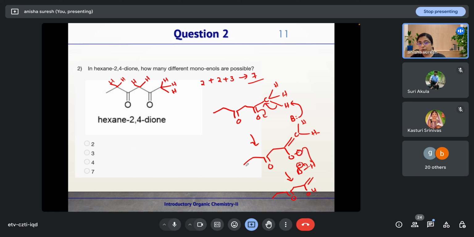So this is how enol formation takes place. So the number of monoenols formed will be 7, because 7 alpha protons are present in the case of hexane-2,4-dione. Clear? Okay.